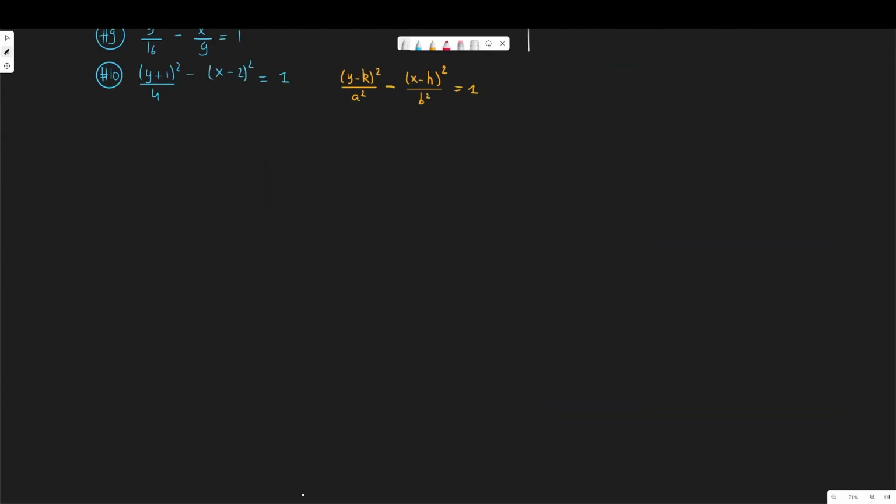For the last exercise, we have that y plus 1 squared over 4 minus x minus 2 squared is equal to 1. So let's get this in our general form. So we have y plus 1 squared over 4, which can be rewritten as 2 squared, minus x minus 2 squared over 1 squared, because dividing by 1 doesn't change anything, is equal to 1.